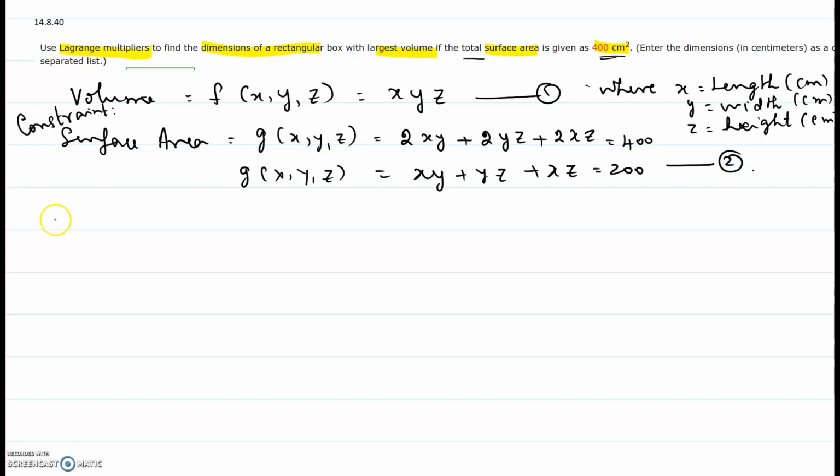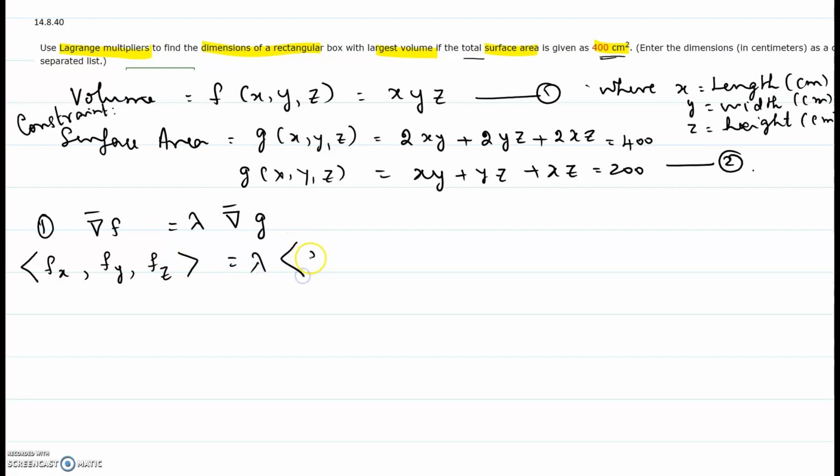So we are asked to use Lagrange multipliers. So gradient f equal to lambda times gradient g. That will give us partial derivative of f with respect to x, y, and z, equal to lambda times the partial derivatives with respect to x, y, and z of the g function. This will be equal to fx.